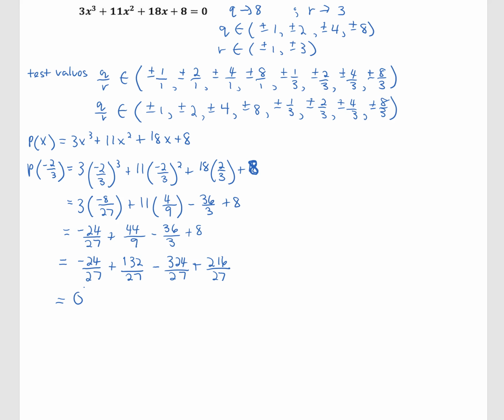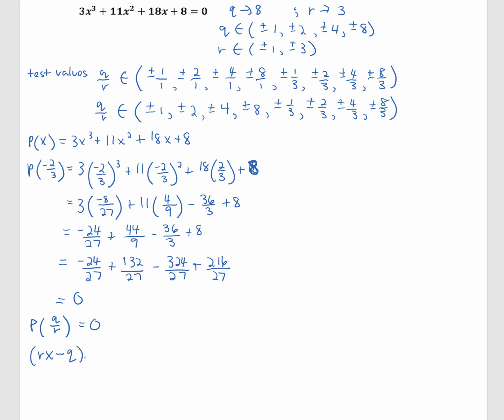And what this tells us is we know that if P of Q over R, or a test value, equals 0, then that means that Rx minus Q is a factor of our function.